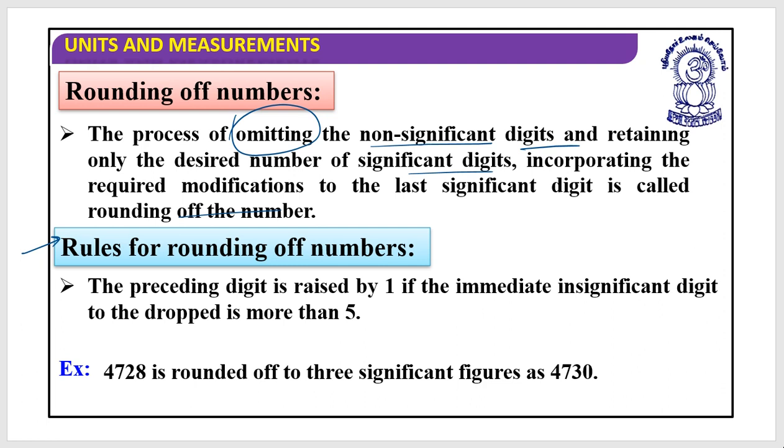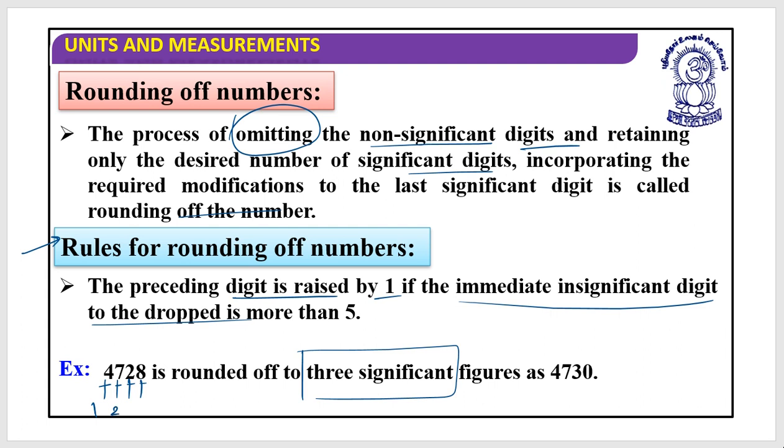The preceding digit is raised by 1 if the immediate insignificant digit to be dropped is more than 5. Let's say I have the number 4728 and I need to round it off to 3 significant digits. So I require 3 digits only, and here it is 4 digits: first, second, third, fourth.